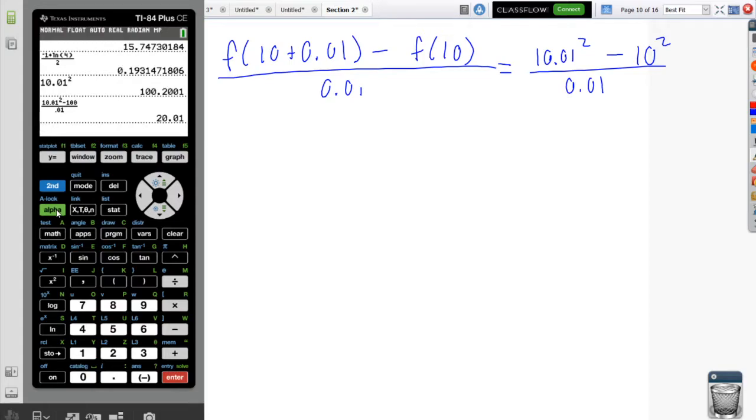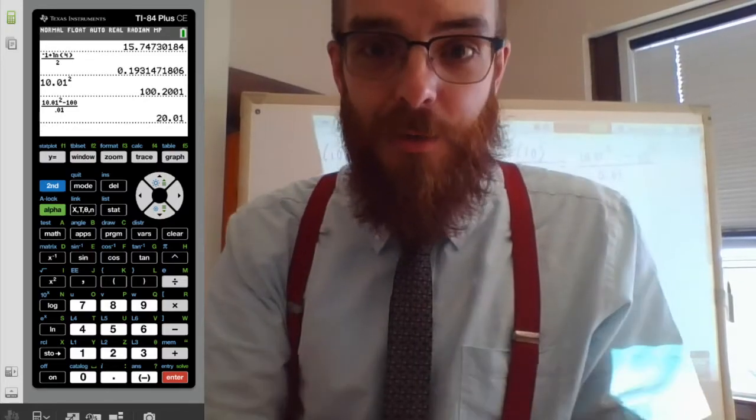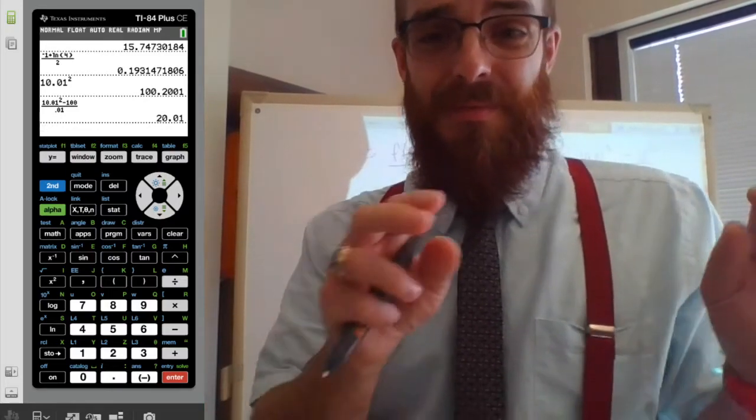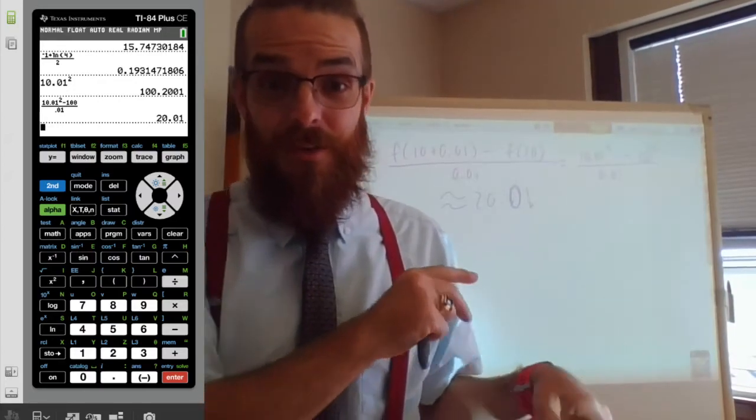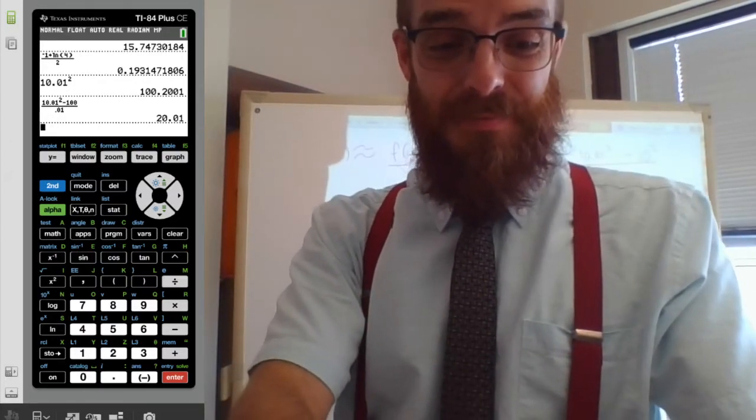Hey, look at that, 20.01. And remember, I told you that the actual value of f prime of 10 is exactly 20. This is pretty close, right? The problem is, it's not dead on accurate. I could have made some mistakes in my calculations. This is not the best way to calculate a derivative, but at least it gives us an idea.